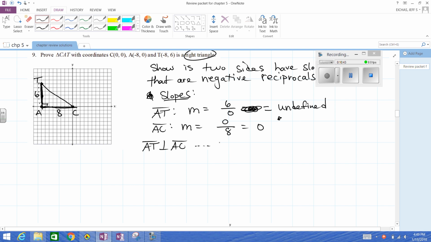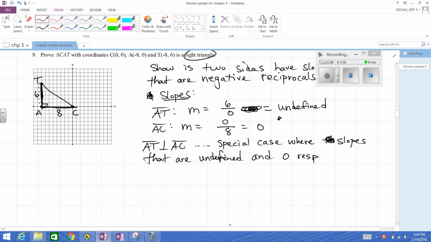All right, my evidence is it's the special case where slopes that are undefined and 0 respectively are perpendicular segments.